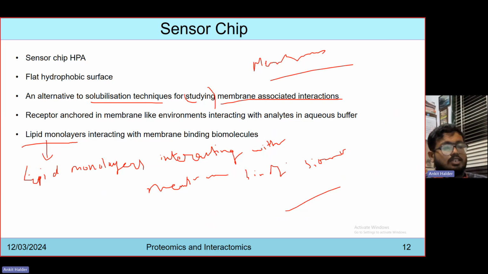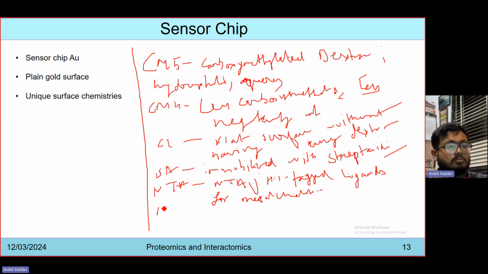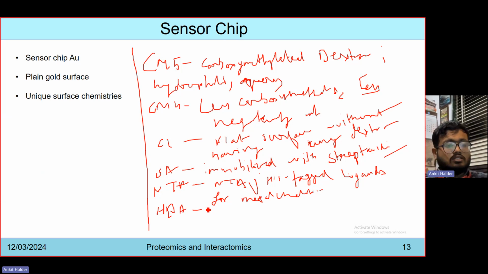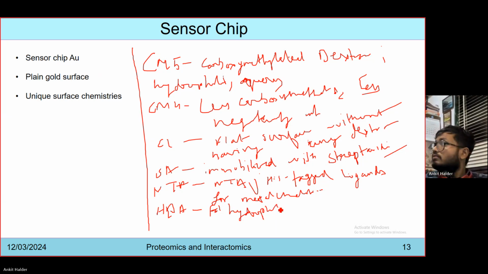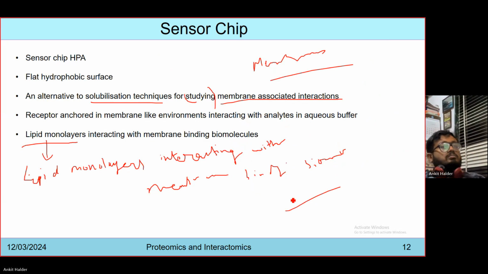And then finally is the HPA, a flat hydrophobic surface for membrane associated interactions.